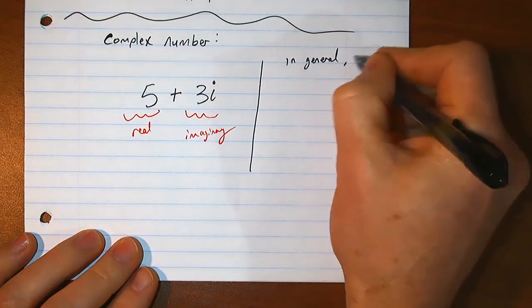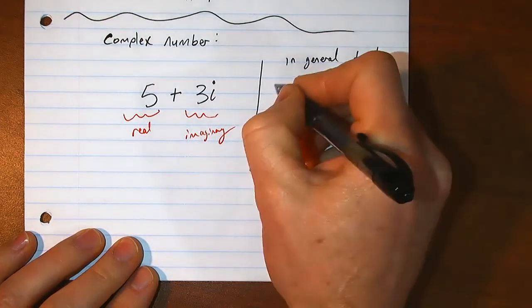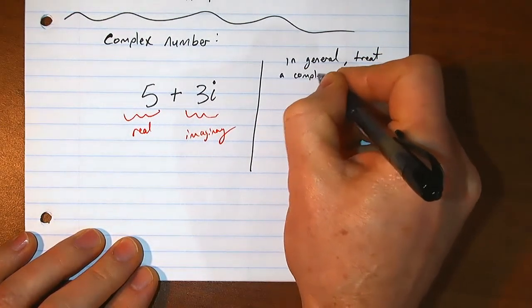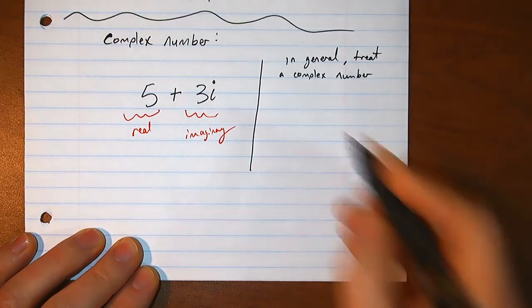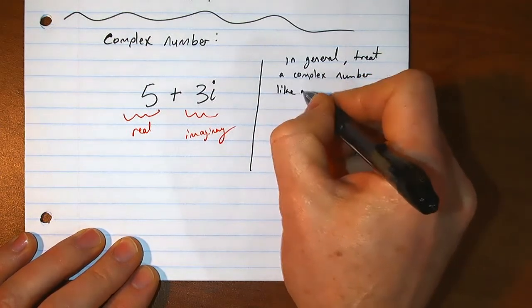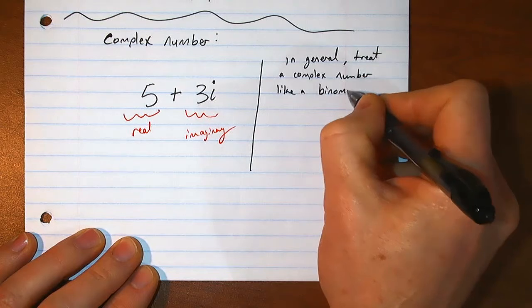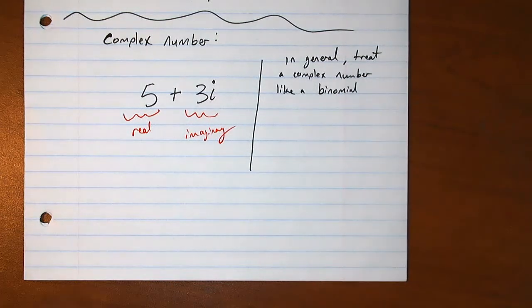In general, treat a complex number like a binomial. Remember when we studied polynomials, binomials are things that just have two terms.